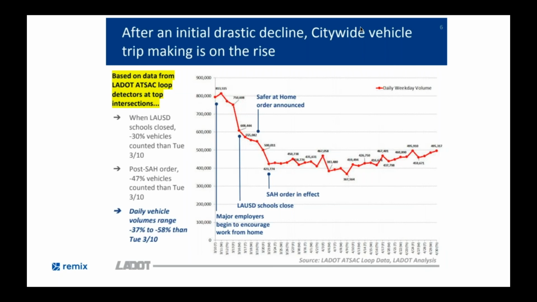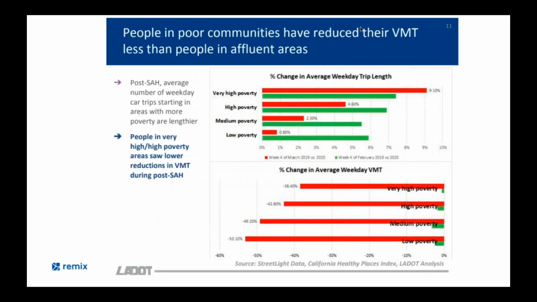In LA, what we're seeing is that after an initial drastic decline, citywide vehicle trip making is on the rise. And this issue of how people are moving has an equity component to it, that is not the same across races and incomes. And so we might actually need to focus on our most vulnerable population.